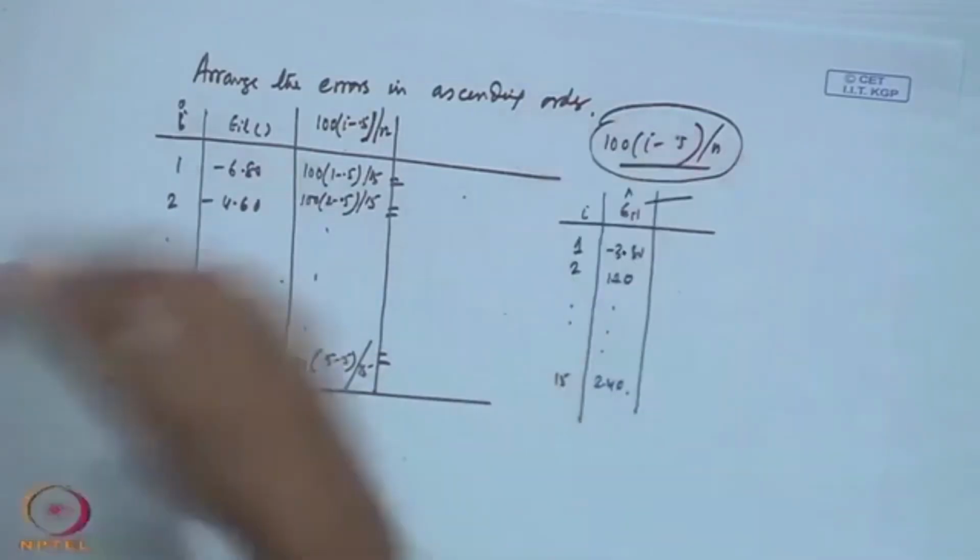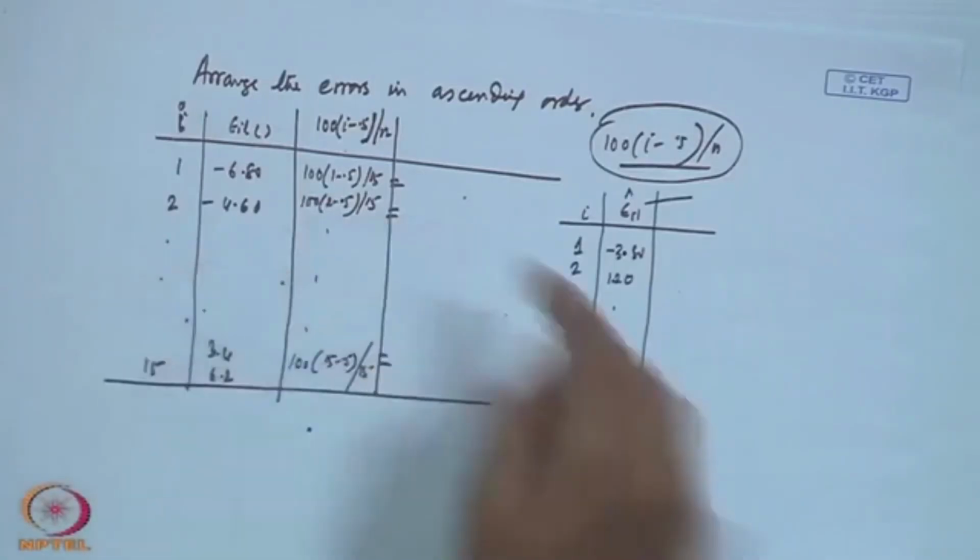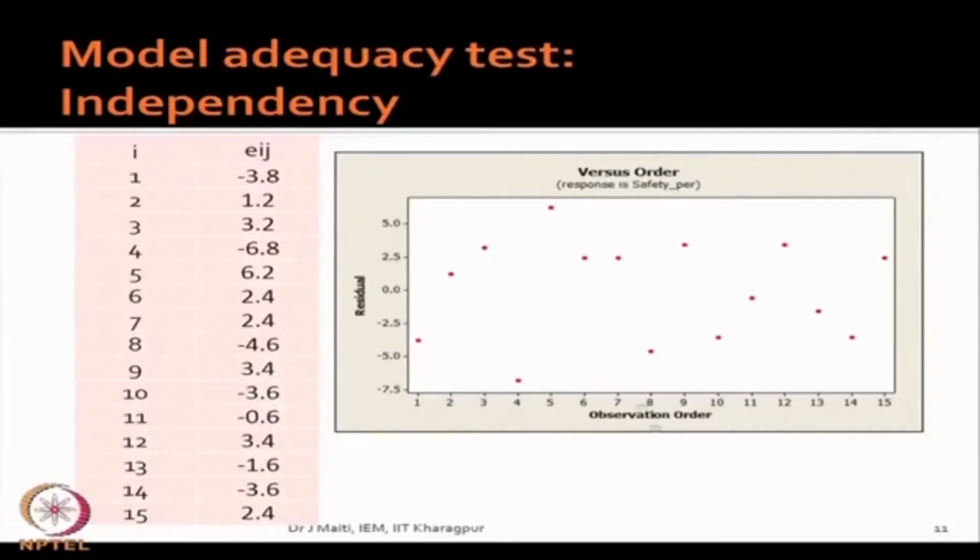This one you arranged for normal probability plotting, but here you do not require to arrange, and you see the slide here. These are the observation numbers, and this is basically the residual value, and if you plot, you must not get any trend. Clear? So, we can say there is no serial correlation between one observation and another.